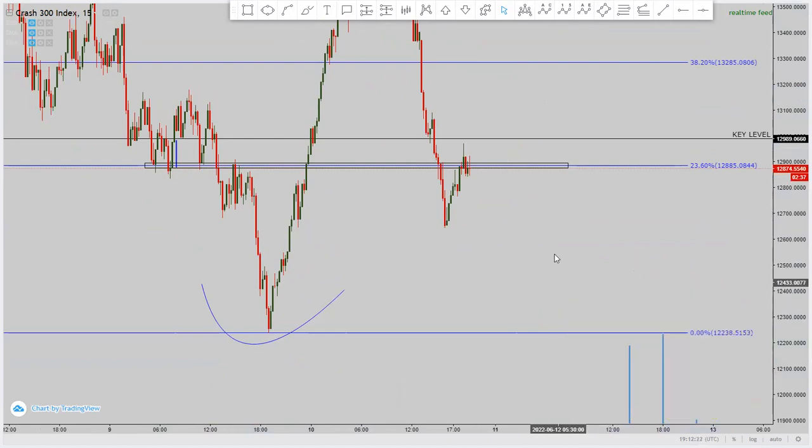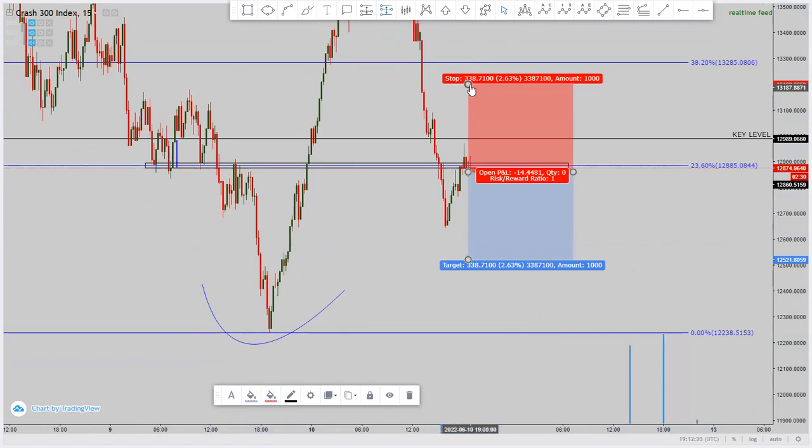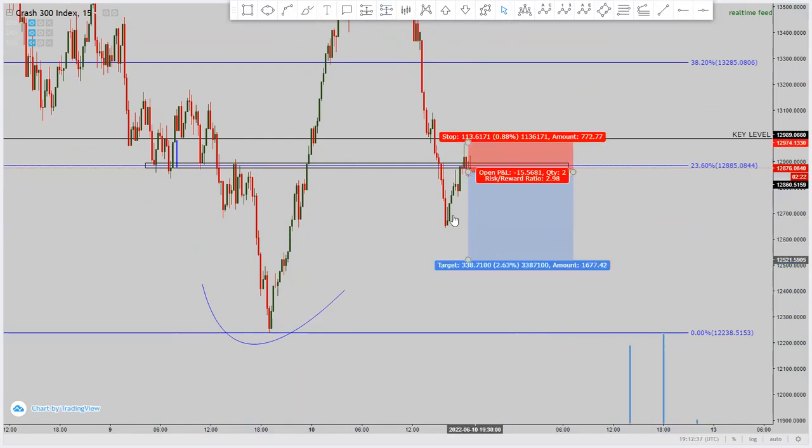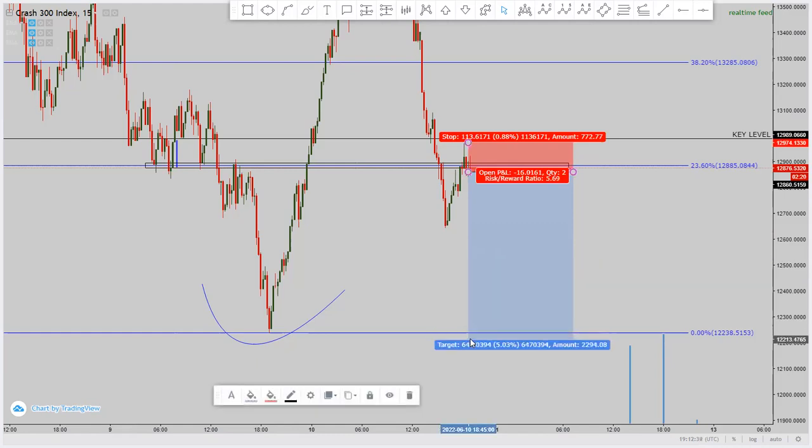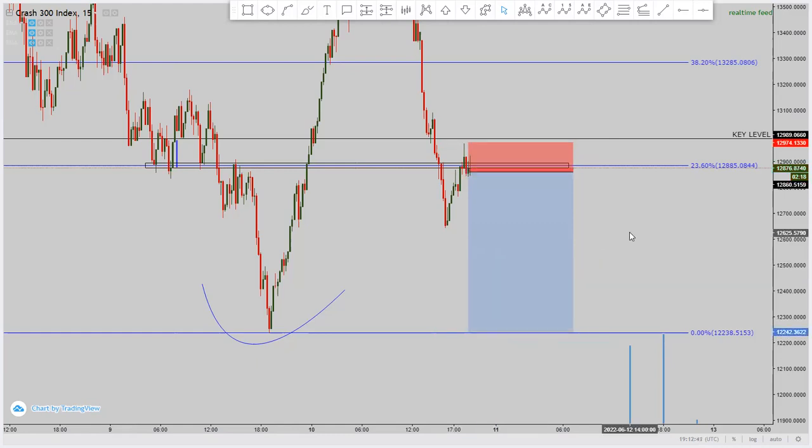If it closes below, it's a chance to most probably sell, and your stop loss just above there, or even above there, which is safer. Then you see how far it goes. If it breaks the 0%, it will be okay.